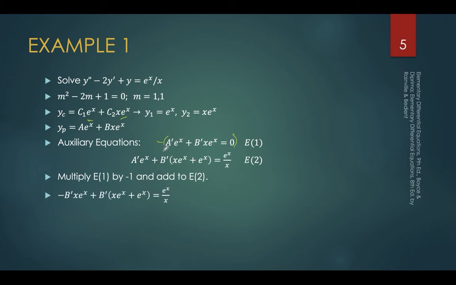What do we get? This will cancel out. And then we have negative b prime x e to the x, plus the second equation, equals the right hand side 0 plus e to the x over x. We can now solve for b prime.